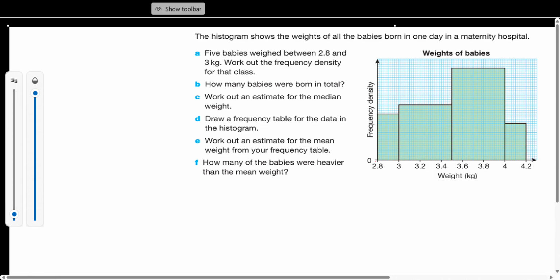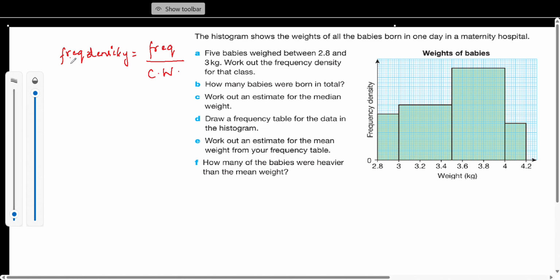If you notice, frequency density is frequency divided by class width. Frequency is the total number, and that divided by the class interval will give frequency density. Each one of these is a bar, correct?